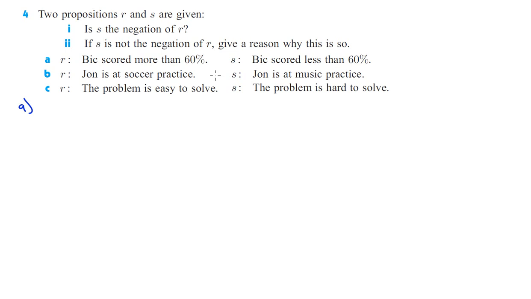So is S the negation of R? It's really close, except it doesn't actually include the 60%. So if this were to say Bick scored less than or equal to 60, then that would be the negation. But it's not. So is S the negation of R? No. And again, he could have scored exactly 60%. Okay.